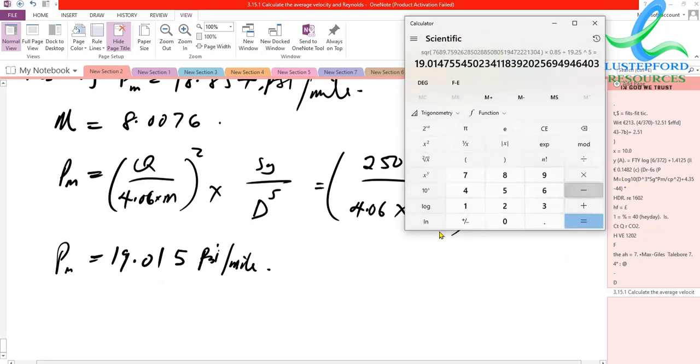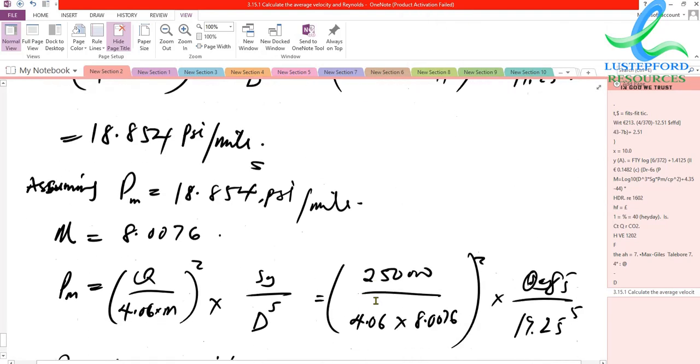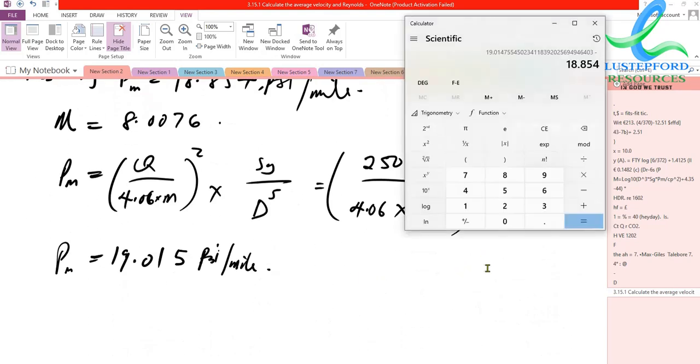This minus 18.854. Is it 854? Let me see. 854, correct. Go to this. So I have 0.16.